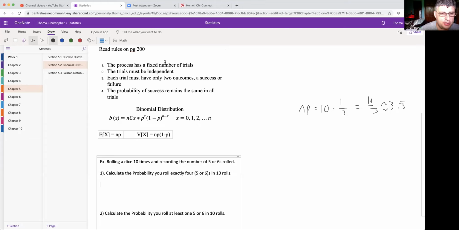I don't like the shortcut formula because I can use Excel to do this real quick for me. So my event minus the mean, quantity squared, times its probability. And then I'm going to lock my mean because I don't want that to change, by hitting function F4. And then I drag it down.